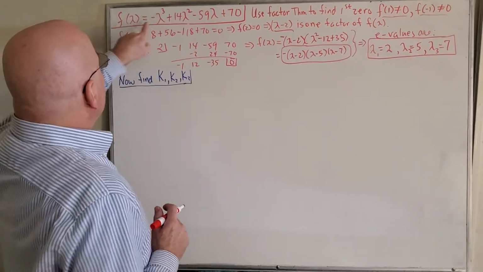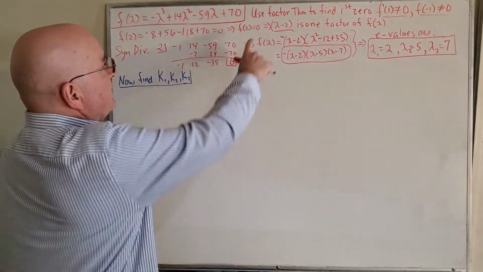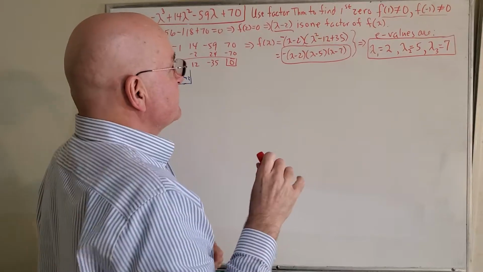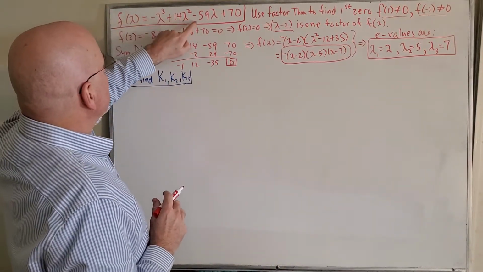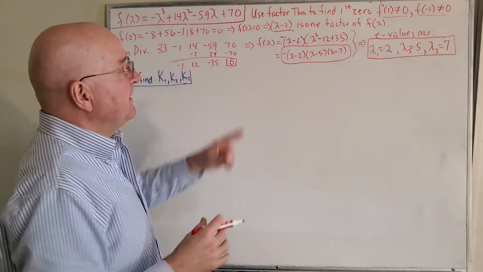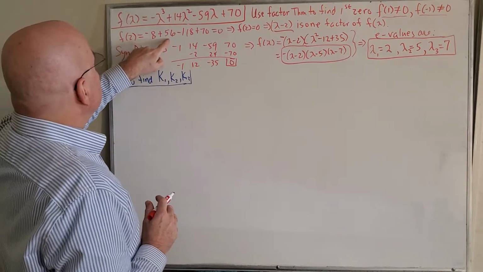Okay, so here I called it f of lambda. Here's our characteristic polynomial. We use the factor theorem, and I've already done some work for us. F of 1 failed. F of 1 is negative 1 plus 14 minus 59 plus 70, and that is not 0. F of negative 1 failed as well. F of 2 is this.